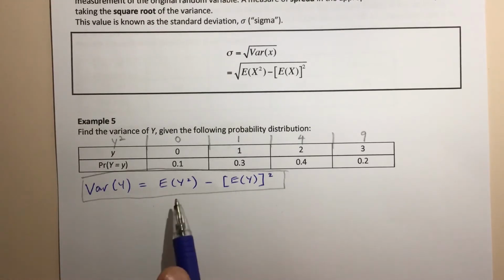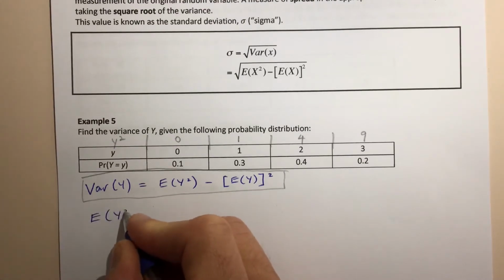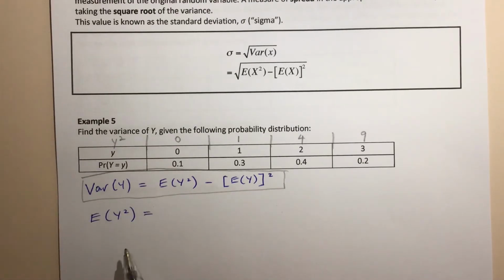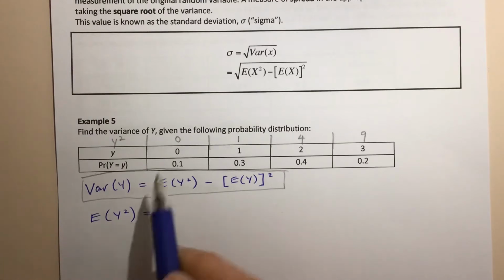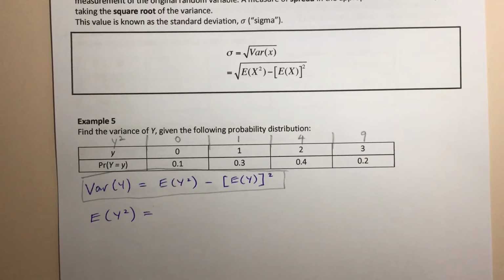Okay, so it doesn't matter which one you start with, but I'm going to start with the expected value of y squared. That will be found by taking each y squared value and multiplying by its probability. That's how we find the expected value of something.